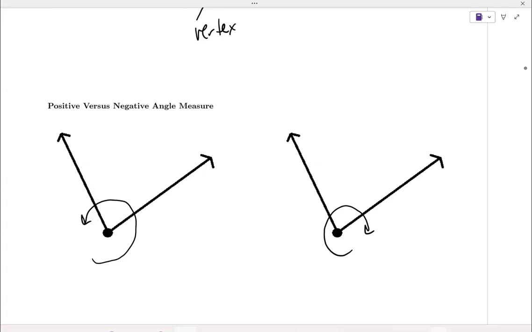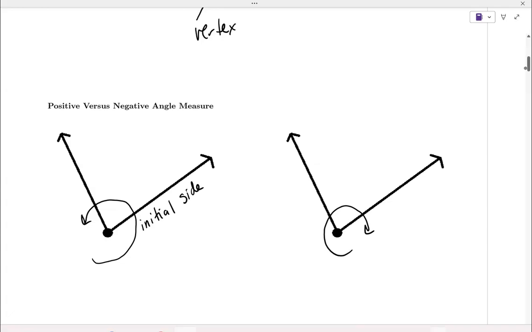For angles, I said there were two sides, which we call rays. When we start measuring, we're going to be more specific. In this case, if I'm going to rotate counterclockwise, I went this way, the opposite way a clock would rotate, counterclockwise. This would be my initial side.